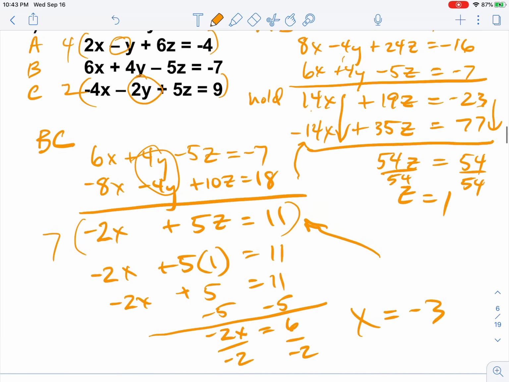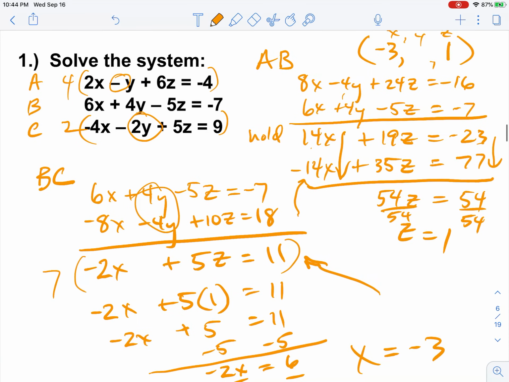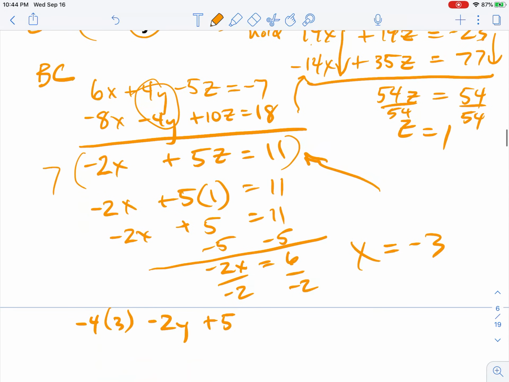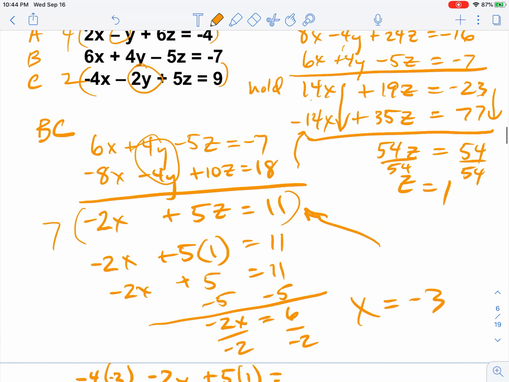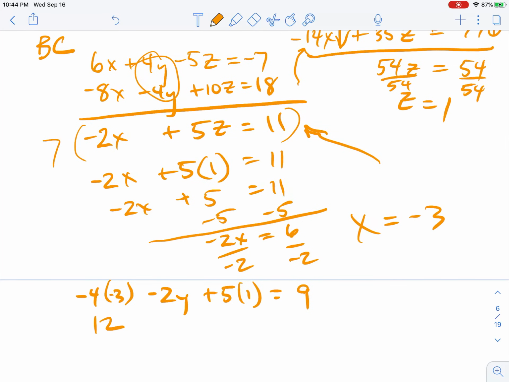Finally, what I want to do is take one of my original equations, kind of take the simplest one, and use negative 3 and 1 for x and z and plug it in. So I have negative 4 times 3 minus 2y plus 5 times 1. That equals 9. So I end up with a positive 12 minus 2y plus 5 equals 9.